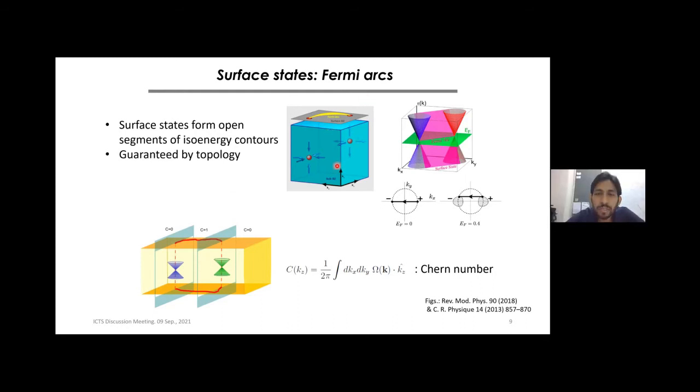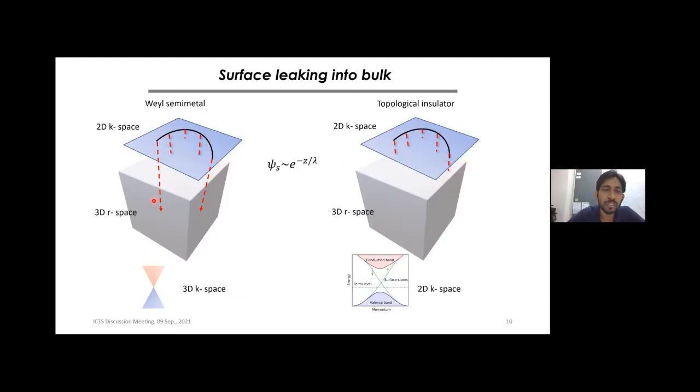Oh, you mean this part? Yeah. Oh, okay, okay. Yes, yes, I can. This will be much easier. So what I'm telling you is, in real space, you understand. So this is real space, right? Now in real space, I can put a boundary condition instead of infinity. I just take a semi-infinite block, and I have a boundary condition here. Let's say a hard wall. Then I can actually calculate the wave function as a function of this z in real space.